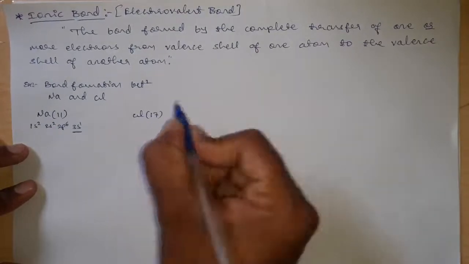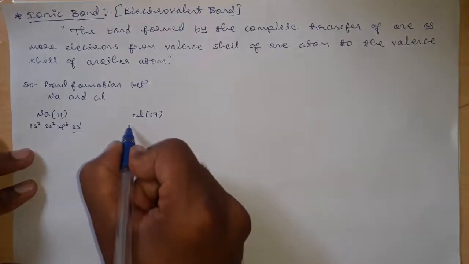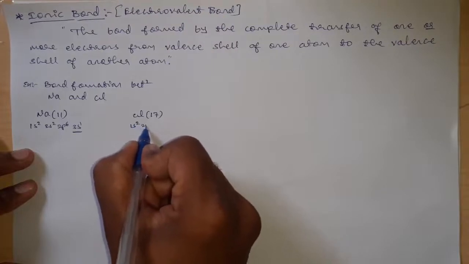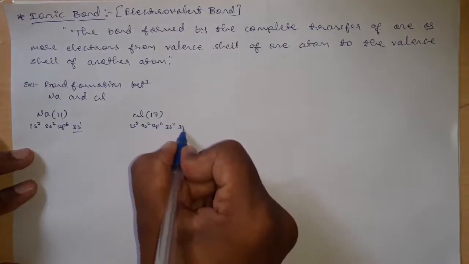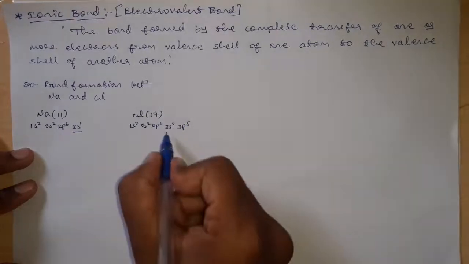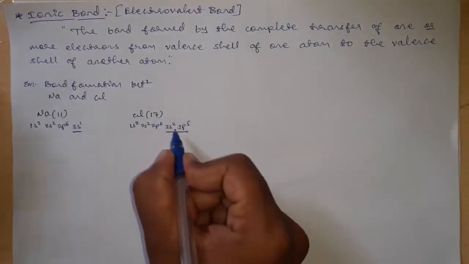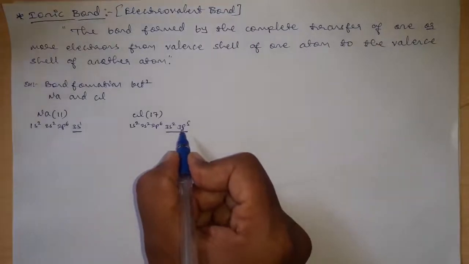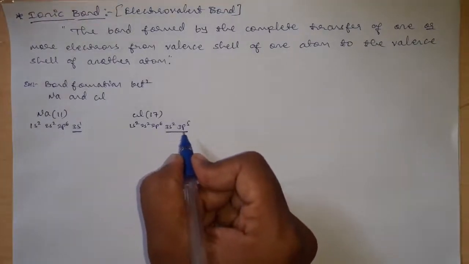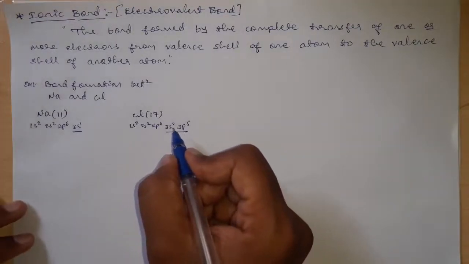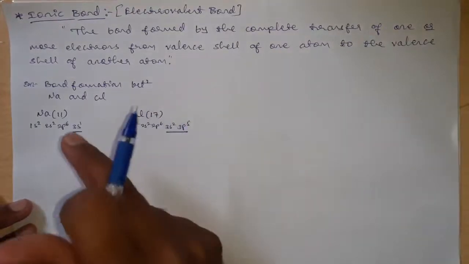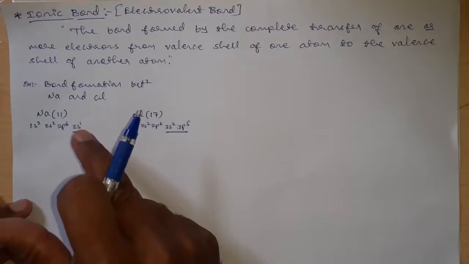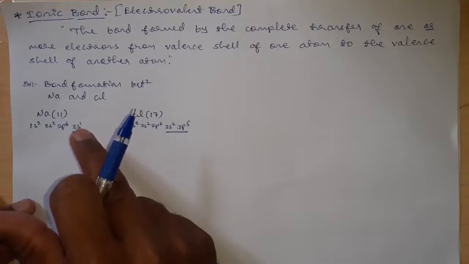Its atomic number is 17, its electronic configuration is 1s2, 2s2, 2p6, 3s2, 3p5, and its valence shell is 3s3p.